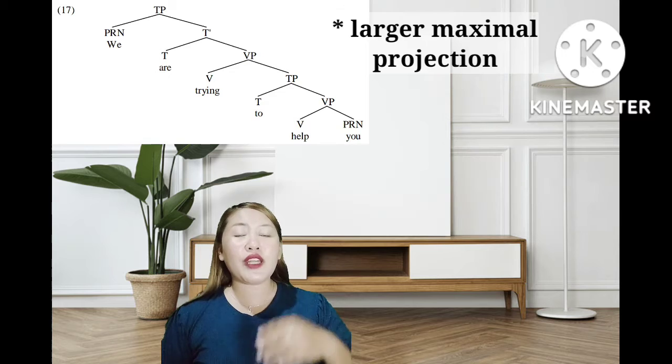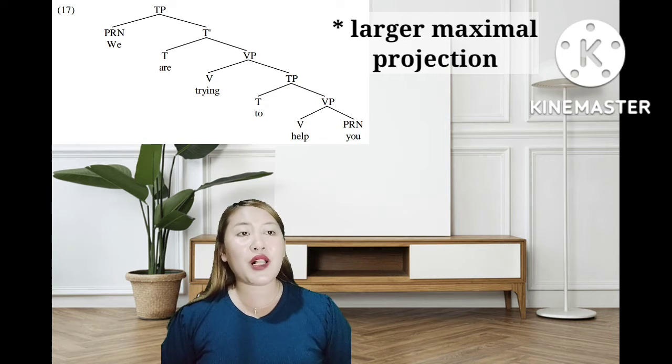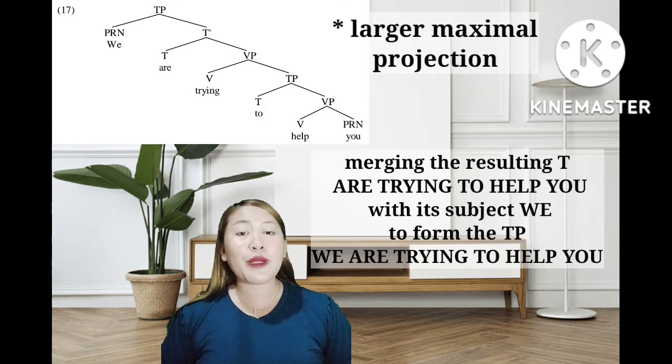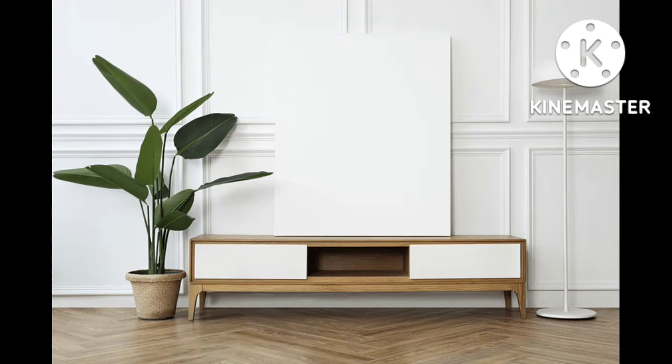And the second one is a larger maximal projection formed by merging the resulting T-bar are trying to help you with its subject we to form the tense phrase we are trying to help you. Saying the tense phrase is the maximal projection of are in Dialogue 17 means that it is the largest constituent headed by the auxiliary are.